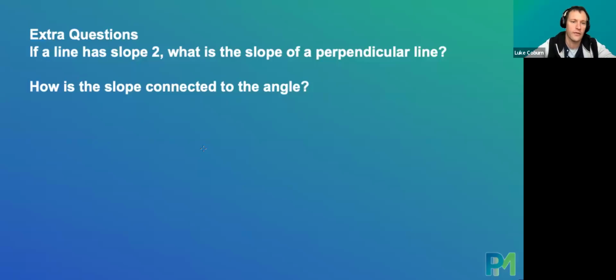So here again, if a line has a slope of 2, what is the slope of the perpendicular line? That's what I just did. If M1 is equal to 2, we call that 2 over 1. The perpendicular line M2 is going to be equal to, you invert that, and also change the sign. If M1 was equal to minus 3, we call that 3 over 1.